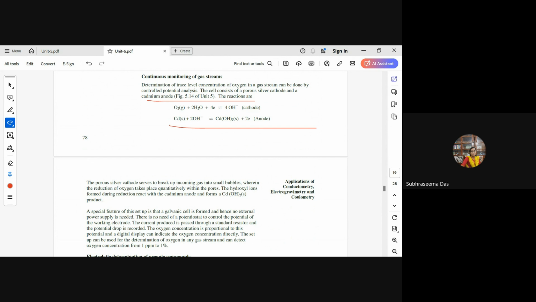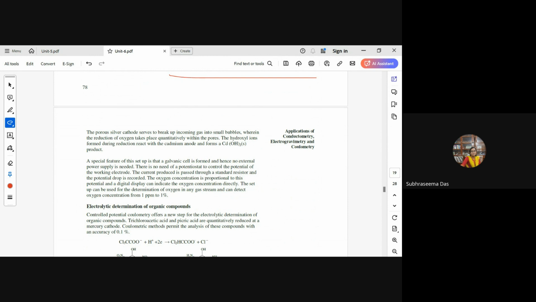The hydroxyl ions formed during the reduction process react with the cadmium anode and form Cd(OH)2. A special feature of this cell is that no external power is needed, so there is no need of a potentiostat. The current passes through a standard resistor and the potential drop is recorded. The oxygen concentration is directly proportional to the potential.